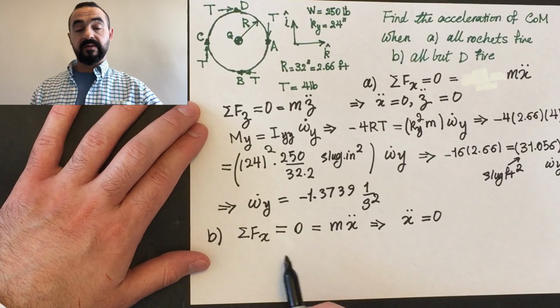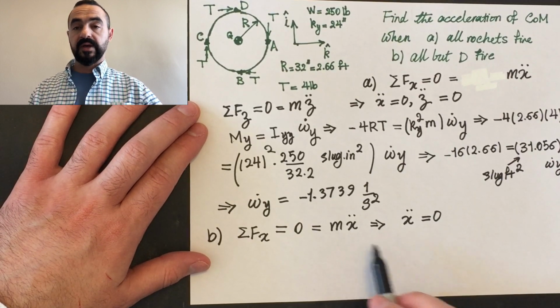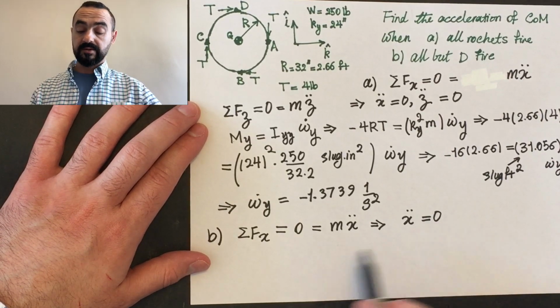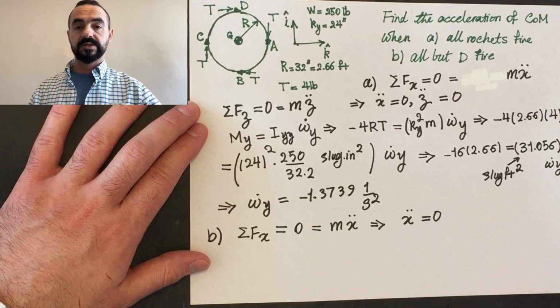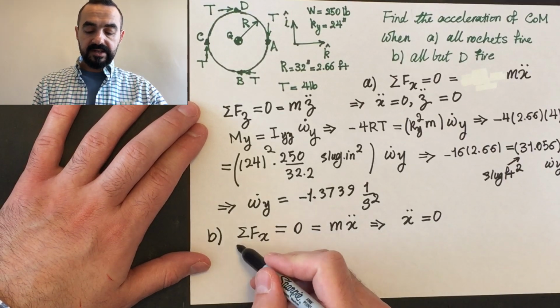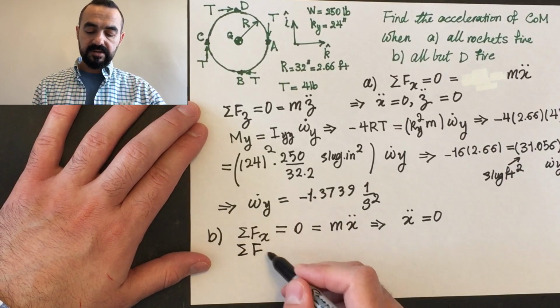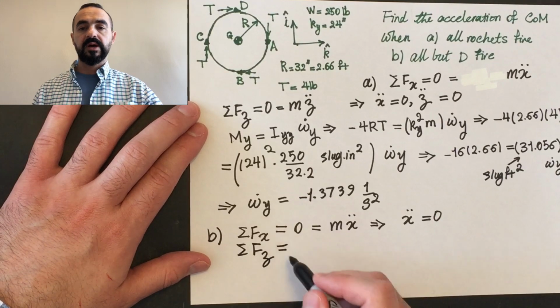Sigma Fx is m x double dot, equal to zero, so x double dot equals zero. Therefore, translational acceleration along the x direction is equal to 0. Now let's look at translational acceleration along the z-axis. How about that?